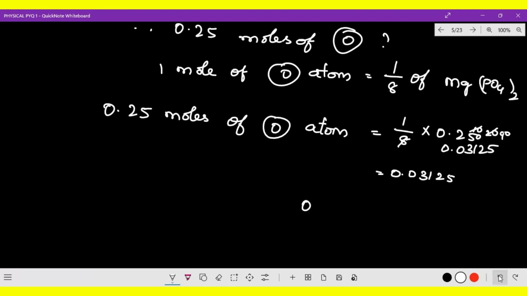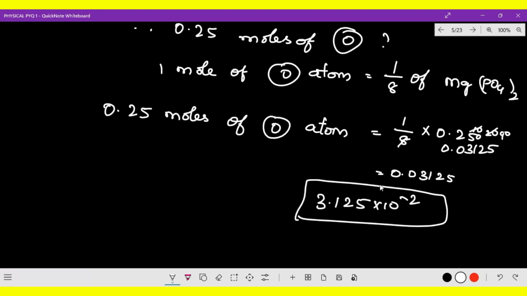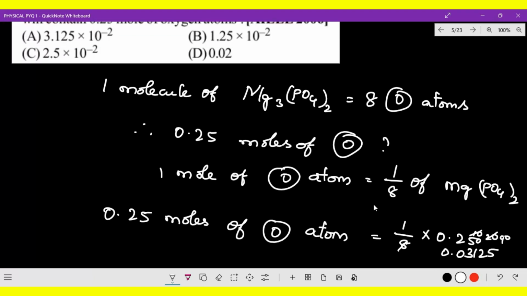We bring it this way: 3.125 into 10 to the power of minus 2. So 0.25 moles of atom corresponds to 3.125 into 10 to the power of minus 2 oxygen atoms.